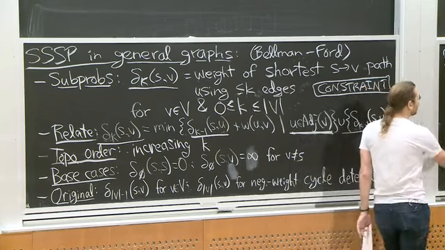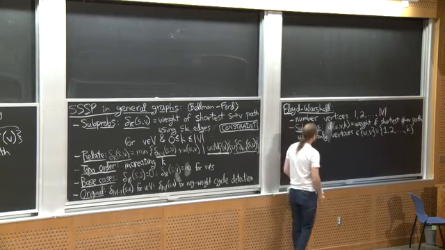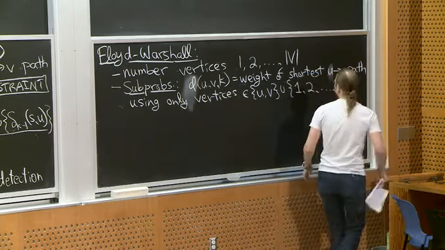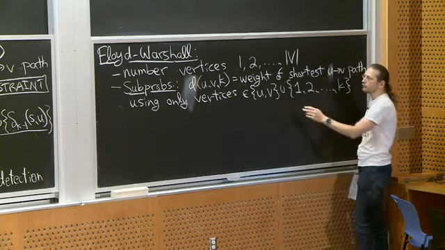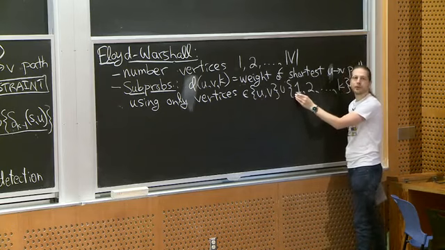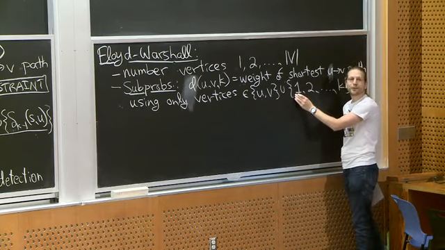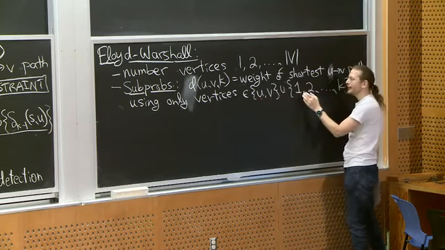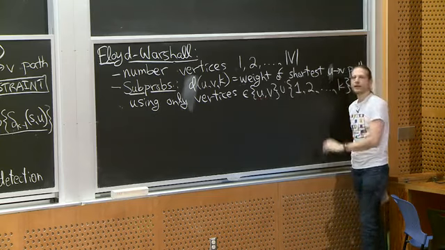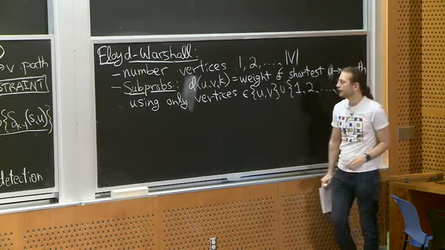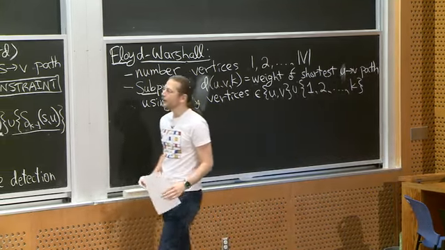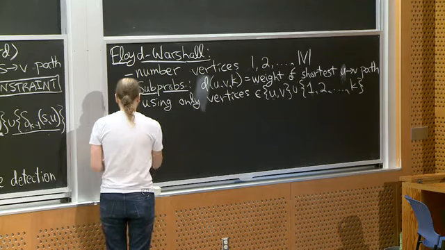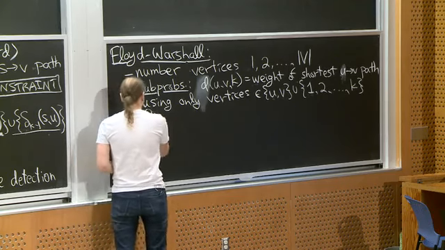But it turns out if you write the subproblems this way, naming the vertices, and say, well, let me just find a path that uses u, v, and the vertex labeled 1. There's only like 2 options. I could go straight from u to v, or I could go from u to 1 to v. And then how about with 1 and 2, and 1 and 2 and 3? The same vertices, okay, by label instead of by counting them. Slight tweak, but it turns out this speeds up the algorithm.